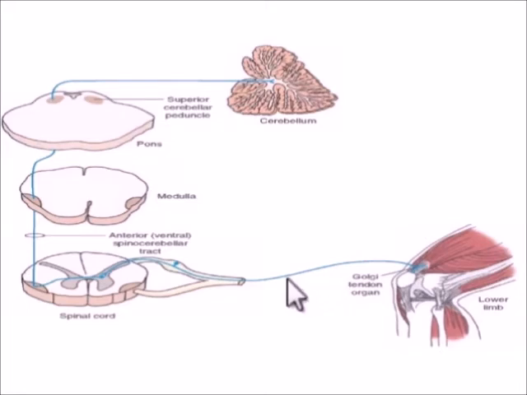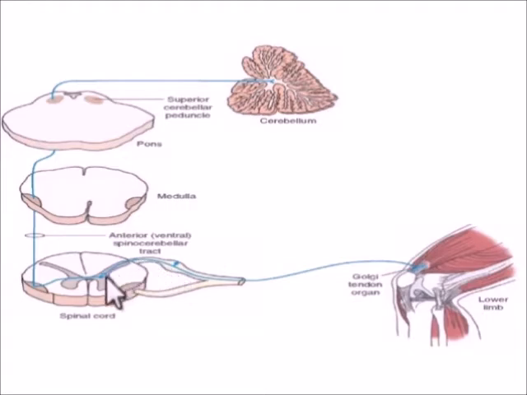And this tract goes through the posterior root and through the posterior root ganglia or dorsal root ganglia, and from here they enter the spinal cord.